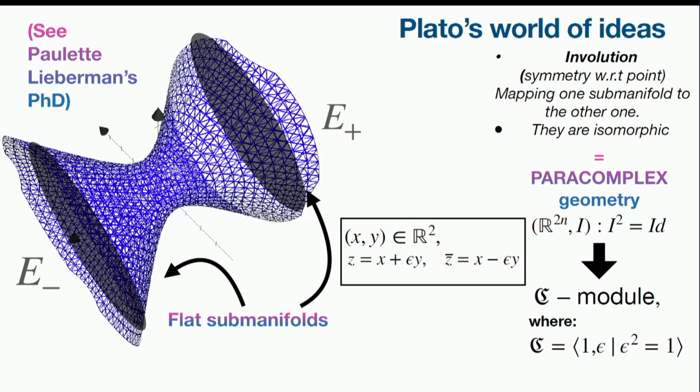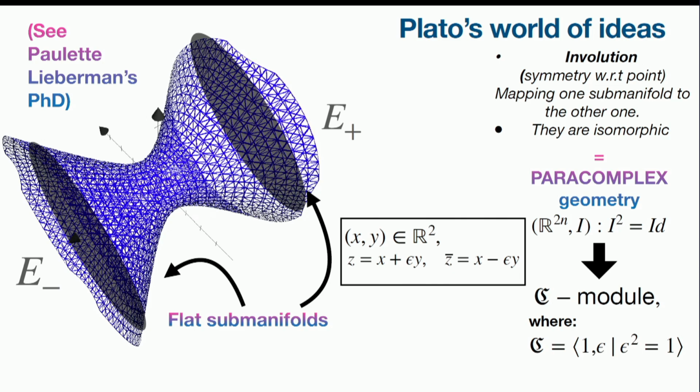Paracomplex numbers I denoted with this Gothic C to imitate complex numbers, but it's not exactly complex numbers, because the generator here, epsilon squared, equals 1 and not minus 1. So that's paracomplex, not exactly complex. But it behaves very much like complex.